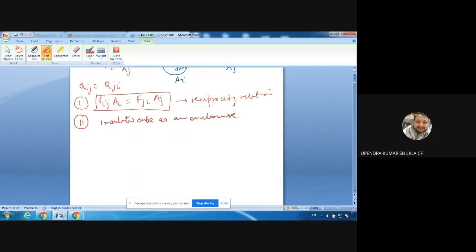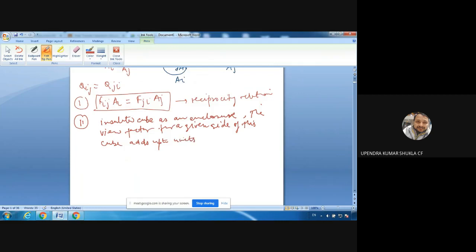The view factor for a given side of this cube adds up to unity. This is called the summation rule.